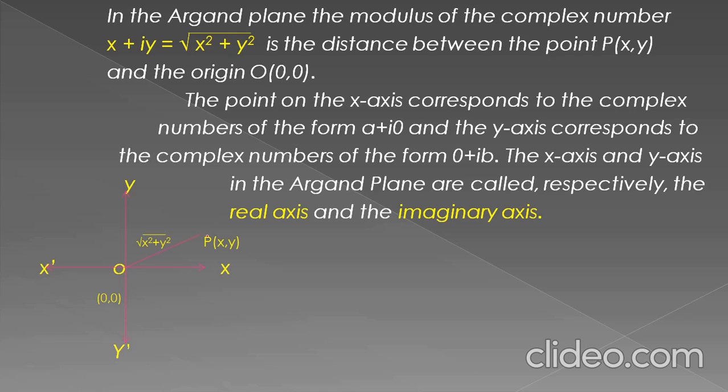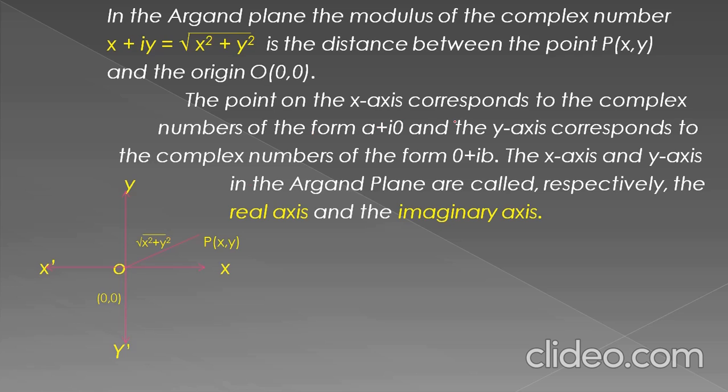Let P be the point assigned the complex number x plus iota y, so its coordinates will be (x, y). The distance of P from the origin, that is OP, will be equal to the modulus of the complex number, that is under root x square plus y square.